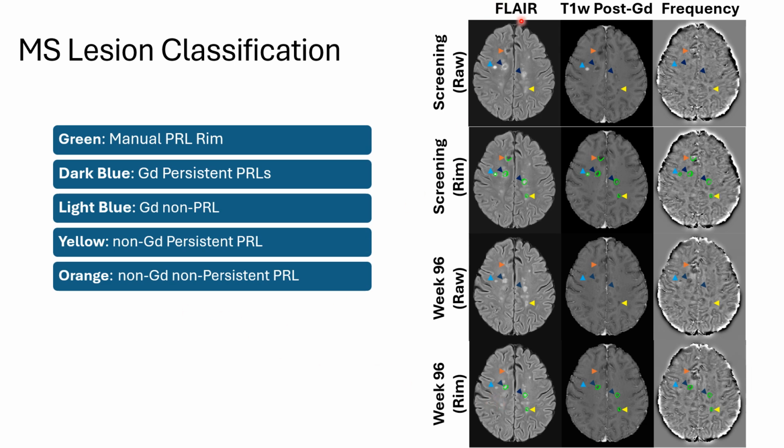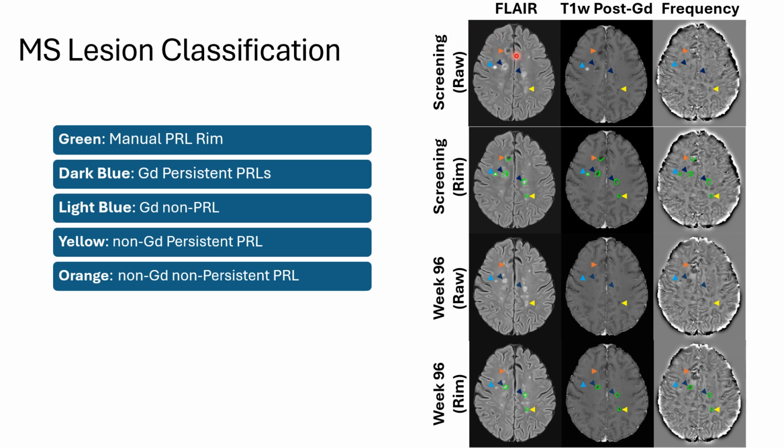The yellow lesion shows a persistent PRL that showed rims at both screening and week 96, but did not show enhancement in the T1-weighted image at screening.